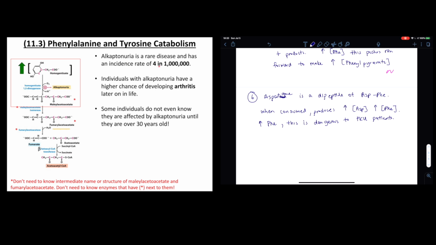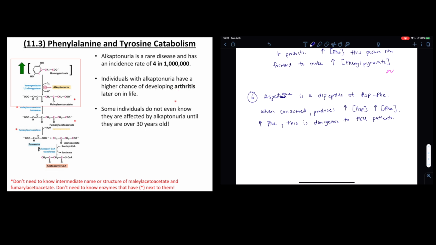It's an extremely rare disease. It only affects about 4 in 1 million. But it's a little bit bad because people with alkaptonuria have a higher chance of developing arthritis later in life, and that's likely due to these deposits building up in the joints and causing them to become inflamed. So they have a high risk of developing arthritis.